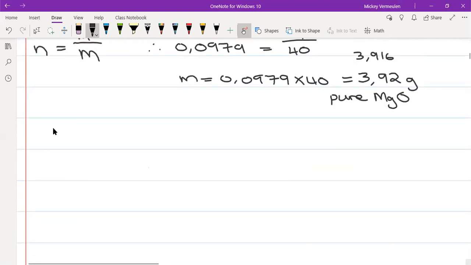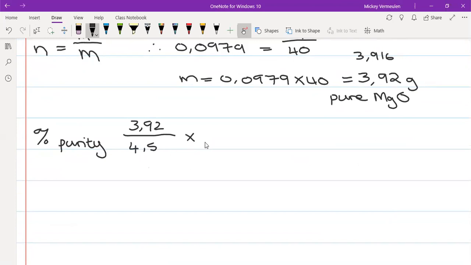And now if we have to calculate percentage purity, we say we know that 3,92 grams was pure. The total sample size was 4,5, and we multiply by 100 to turn it into a percentage. So I get 87,02, 87,02% purity.